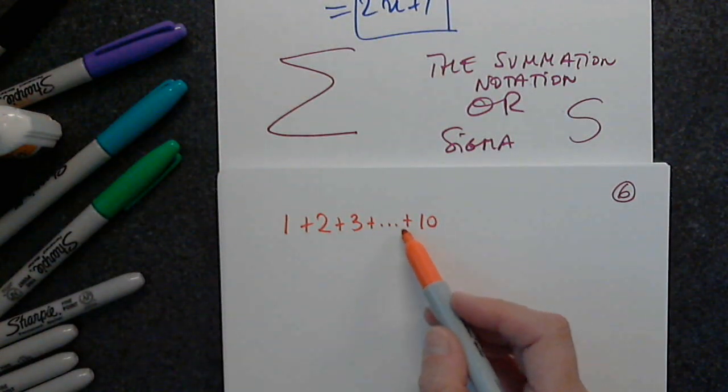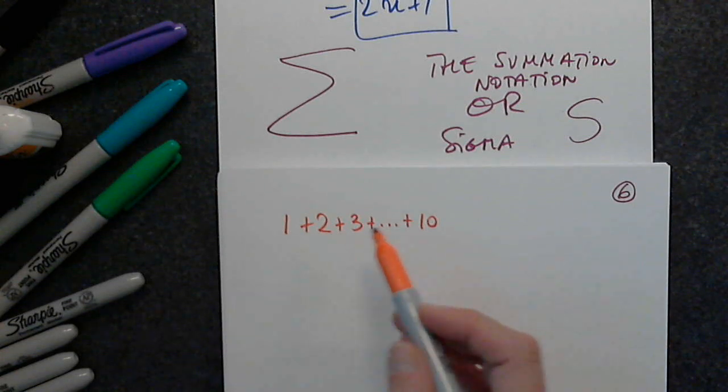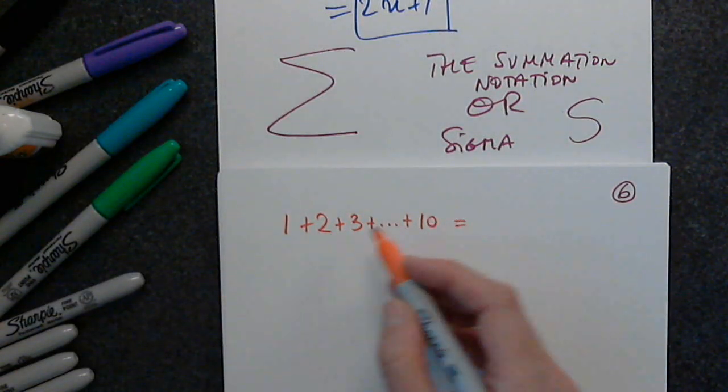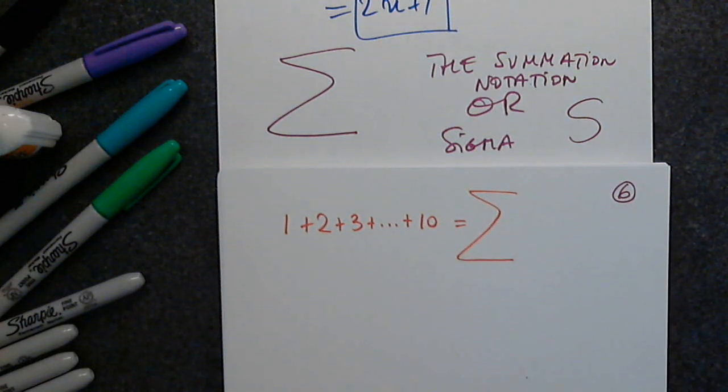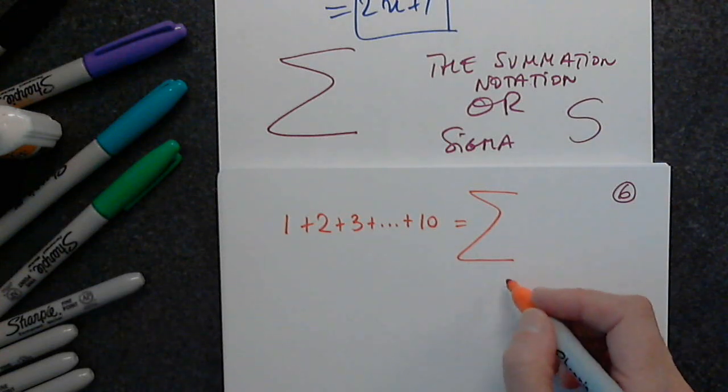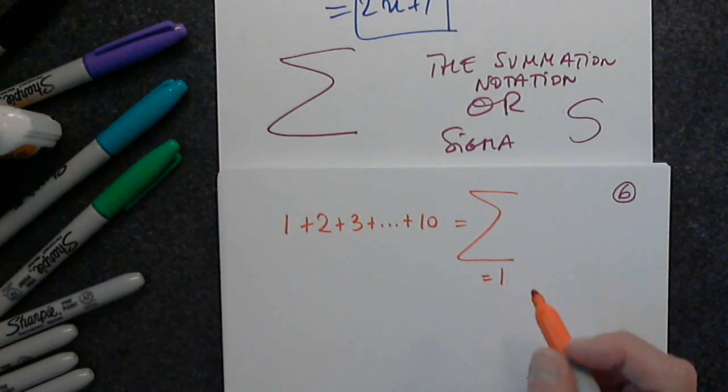Since the operation symbol between each sequence of 2 terms is the sum, we're going to use the summation notation, or sigma. What is the first number, which is also called here? It's 1.